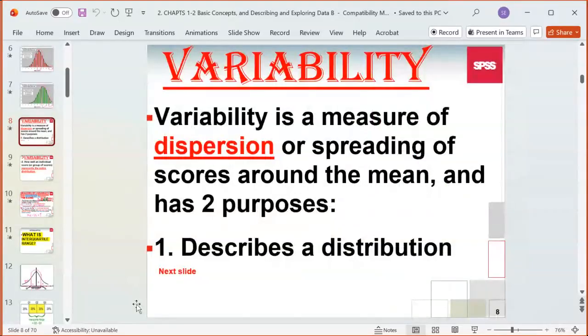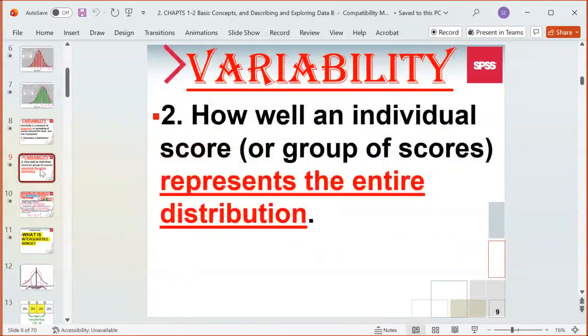Variability is a measure of dispersion or spreading of scores around the mean, and has two purposes. Number one, it describes the distribution, like I just described two distributions. And number two, how well an individual score or group of scores represents the entire distribution.